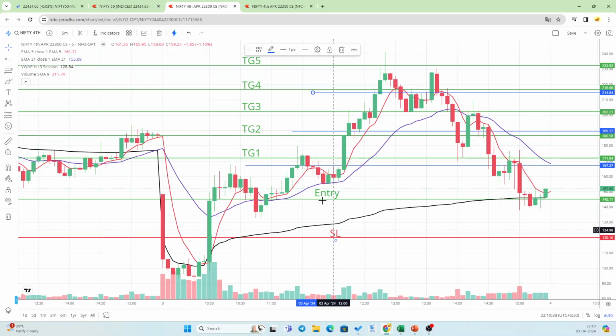At least we can exit the trade cost to cost. Then once it goes to target 2, they can change it to target 1. Once it goes to target 3, they can change it to target 2. Like that, they can trail the stop loss.